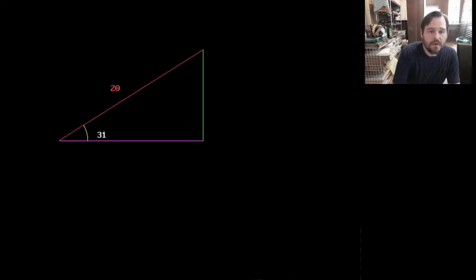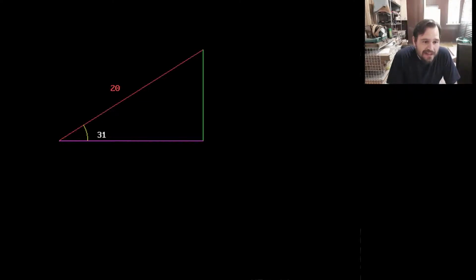Okay, so what we have is a triangle, a right triangle. The red line is 20 units long. It denotes your paddle in this game, but it's just the hypotenuse of a right triangle, and that is our arbitrary angle that I started us at, 31 degrees.